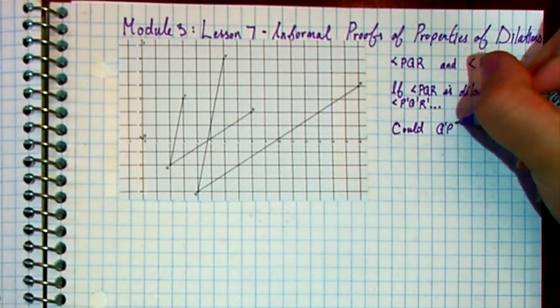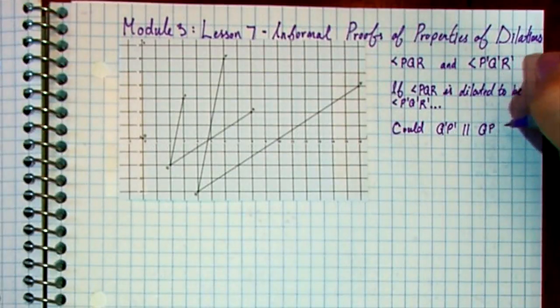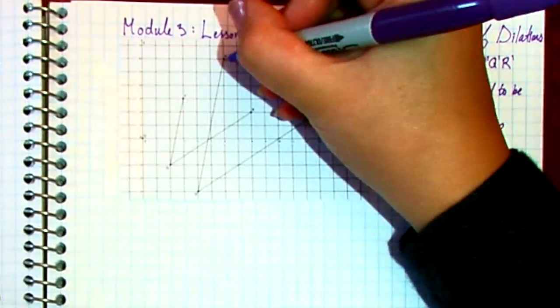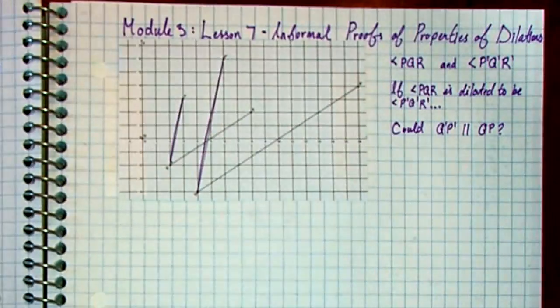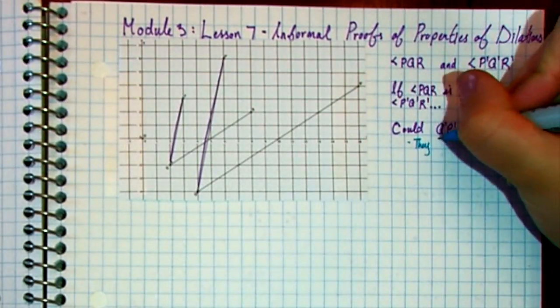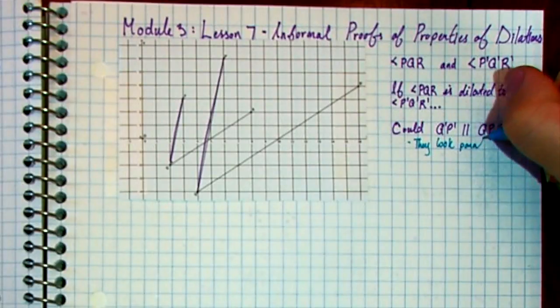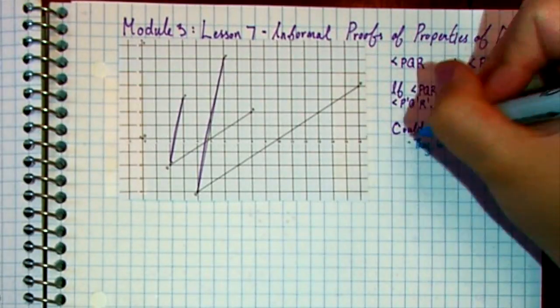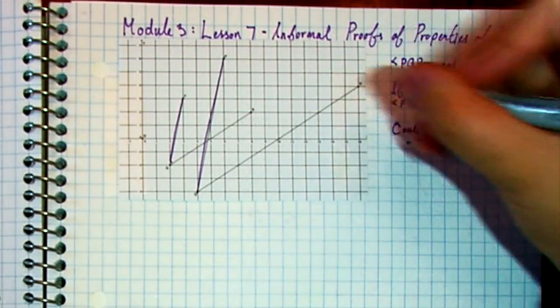Could Q prime P prime be parallel to QP? When I look at those two segments of my paper, it certainly looks like those lines are parallel, and it looks like they will not intersect. So I'm going to say they look parallel, which at this point is our best guess.